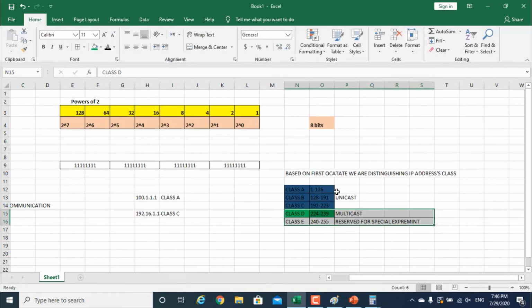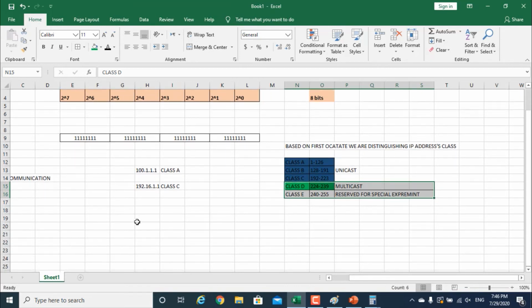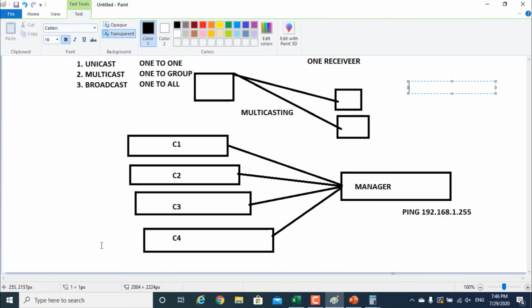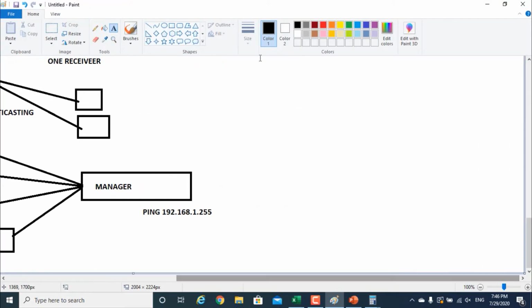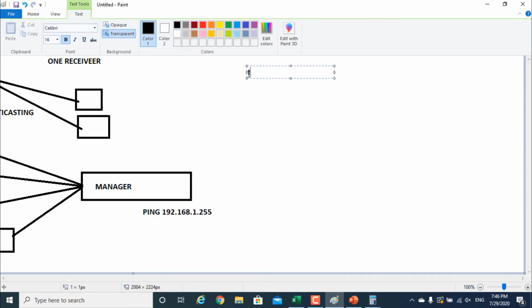So now you got to know that an IP address is 4 octets, and you have to use it from these 3 classes. But there's one more thing in an IP address. Guys, an IP address consists of 2 parts.